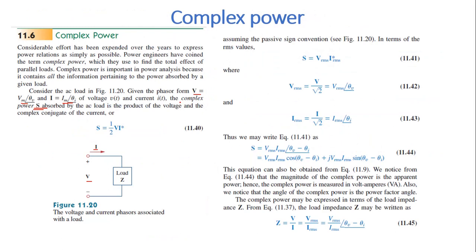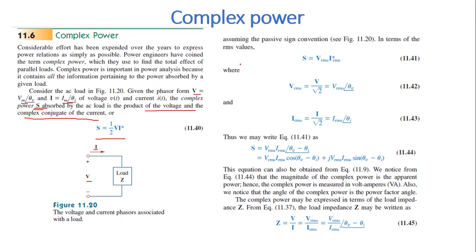So a complex power S absorbed by the AC load is the product of voltage and complex conjugate of current. So again, complex power is the product of voltage and complex conjugate of current. So complex power S is equal to 1 by 2 V into I conjugate, so I star.